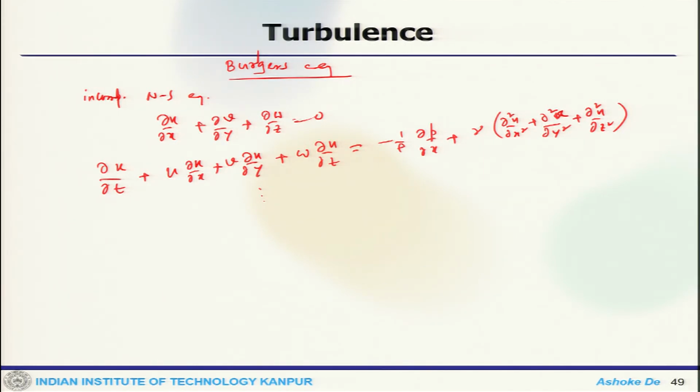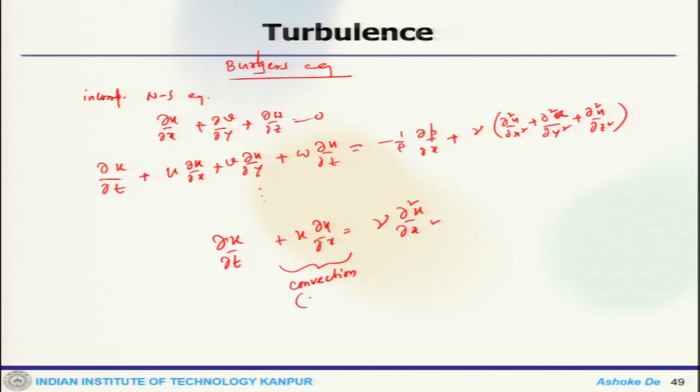The simple model to study the characteristics of turbulent flow is to take the equation del u by del t, retaining the unsteady term, plus u del u by del x equals nu del 2 u by del x 2. This term is nothing but my convection or advection term, which is non-linear, and this is the diffusion term, which is linear in nature.